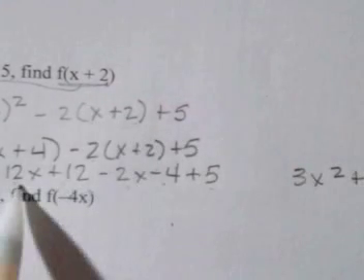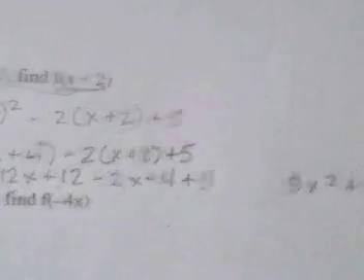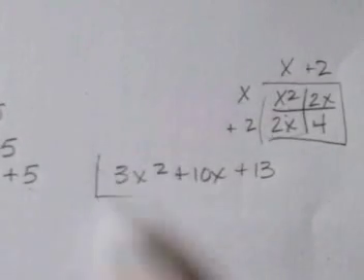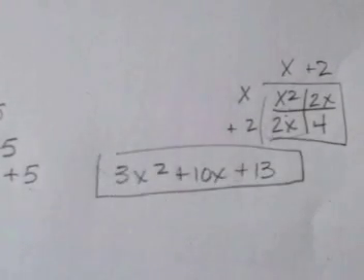So I think I've taken care of combining all my like terms, and my final answer ends up being 3x squared plus 10x plus 13. You give the others on this page a try and check your answer.